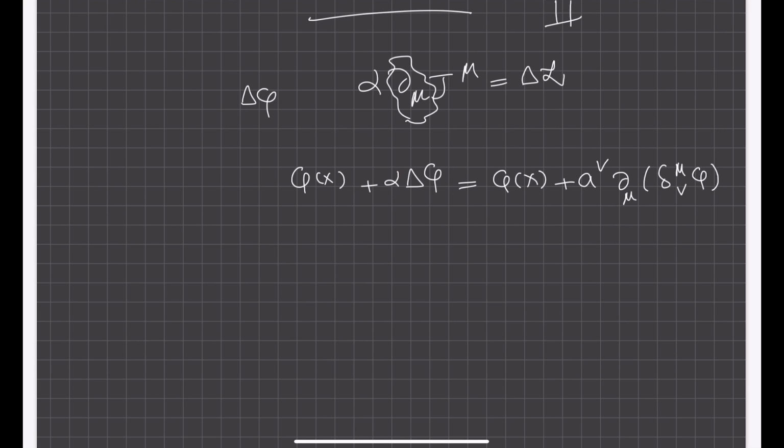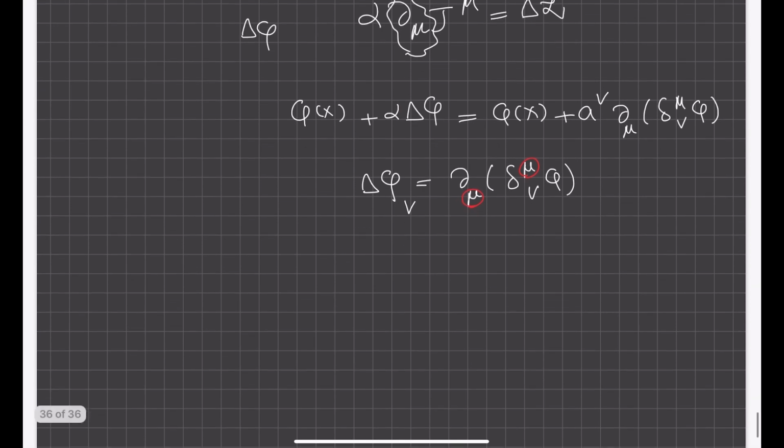So this is how I can just take these two terms equal to each other. So delta phi with an extra index nu can be seen as the mu's derivative with respect to delta mu nu of phi. Okay. And now, for convenient reason, I have to think of this mu as not the same thing inside of my expression.